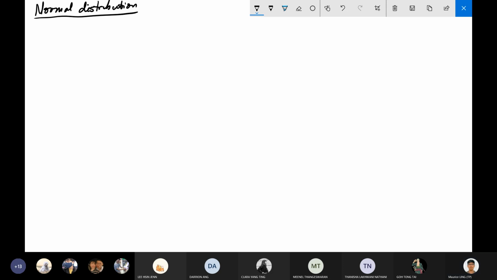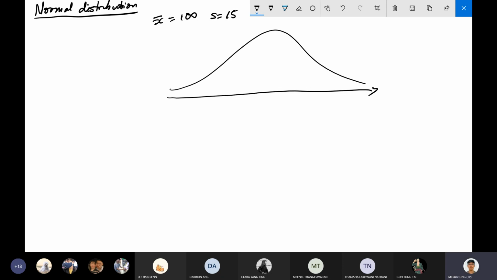Let's say, for example, we say that the average is 100 and the standard deviation is 15. Normal distribution is actually a bell curve. My bell curve looks horrible. So this is the x-axis, the data points. The mean is 100.